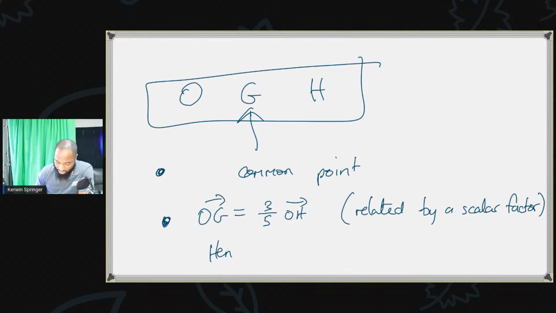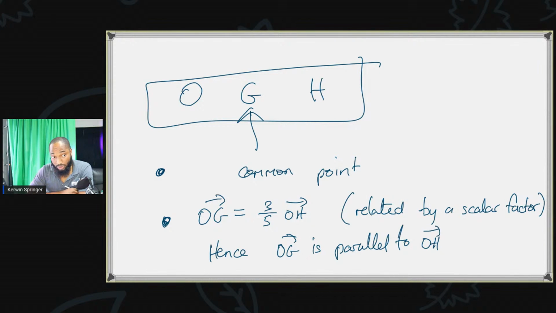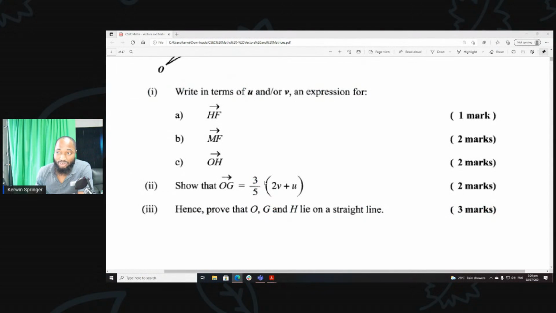Hence, OG is parallel to OH. All right, people, it was a little rough question. Now we just keep going with the other questions, and we will come back to this one.